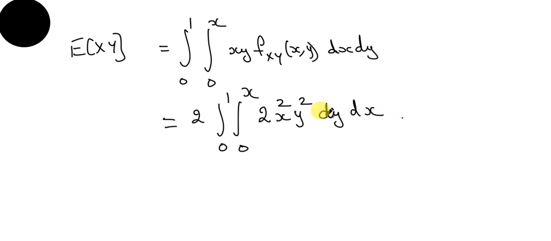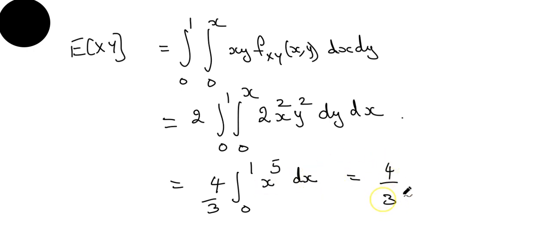Evaluating this, I now need to find twice 0 to 1. I have another 2 which will make this 2 become 4. Okay, so this becomes my 4. 0 to 1, y squared will give me y cube by 3. I pull out the 3, y cube upper limit x cube, so I will have x power 5 into dx.